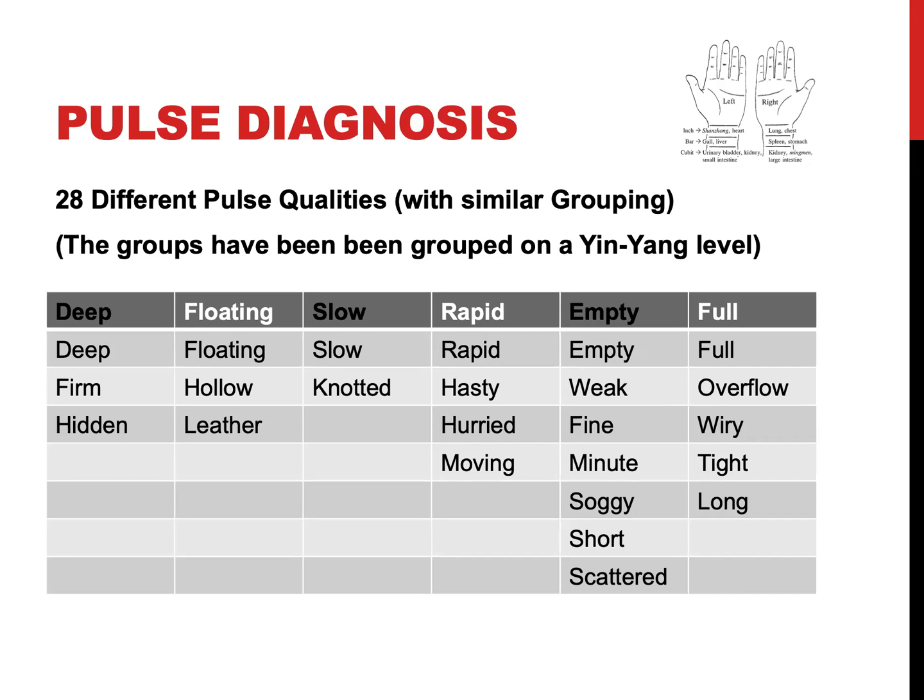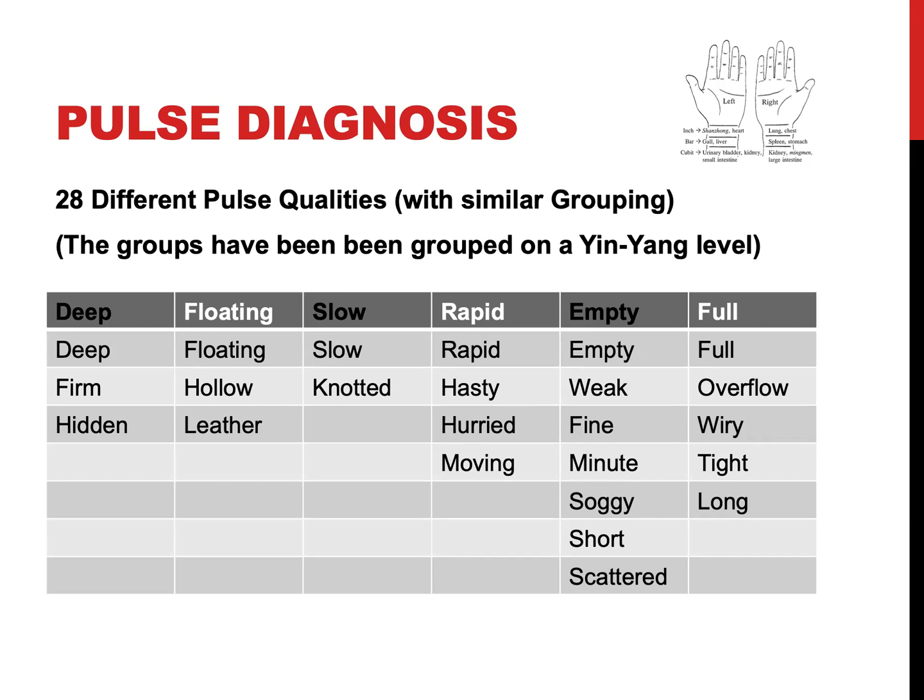So, among the very basic for TCM practitioners is pulse diagnosis, and this really involves pulse palpation. So here we have 28 different pulse qualities. In general, these are grouped into 6 at the yin-yang level.